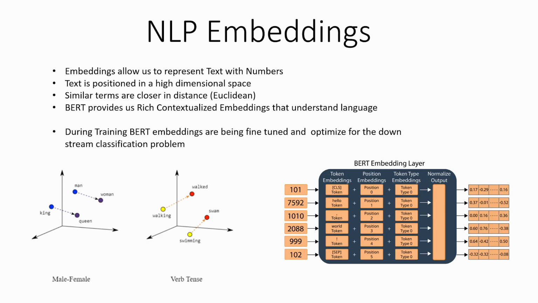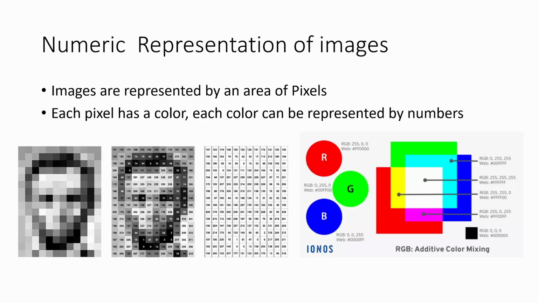And during fine-tuning of our model, we're going to be optimizing BERT's embeddings to understand whether or not a comment is toxic or not. In computer vision, we get a numeric representation of images by breaking down digital images into pixels.